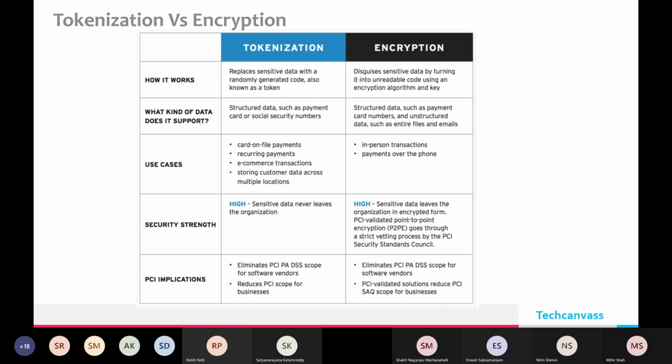I have to use the encryption methodology because of the size of the message and the information that contains a lot of characters, ASCII code and other things. And then the use cases: tokenization is for card on file payments, recurring payments, e-commerce transactions, and storing customer data across multiple locations.